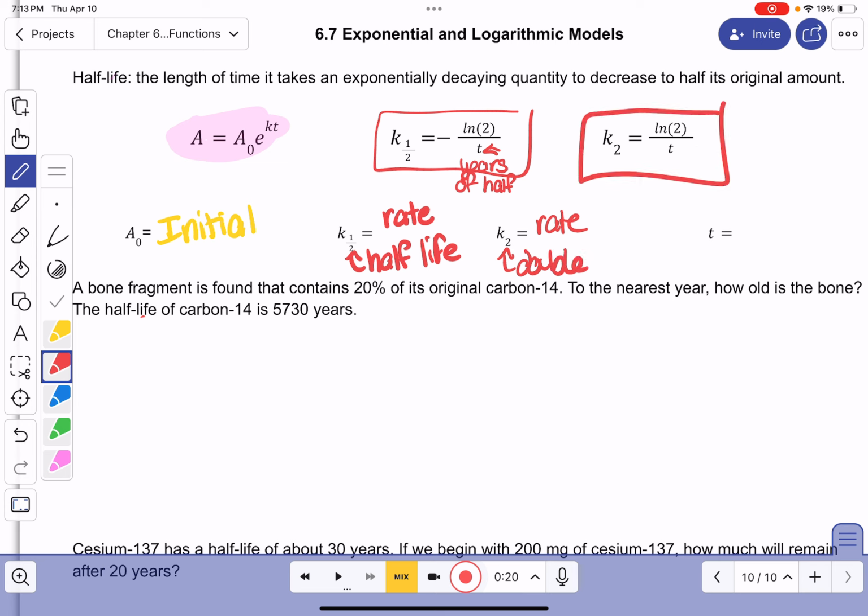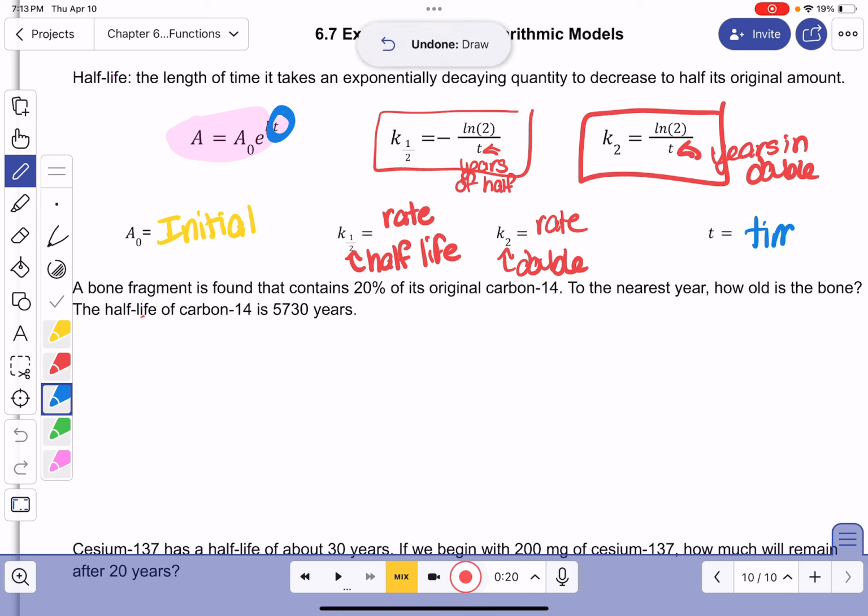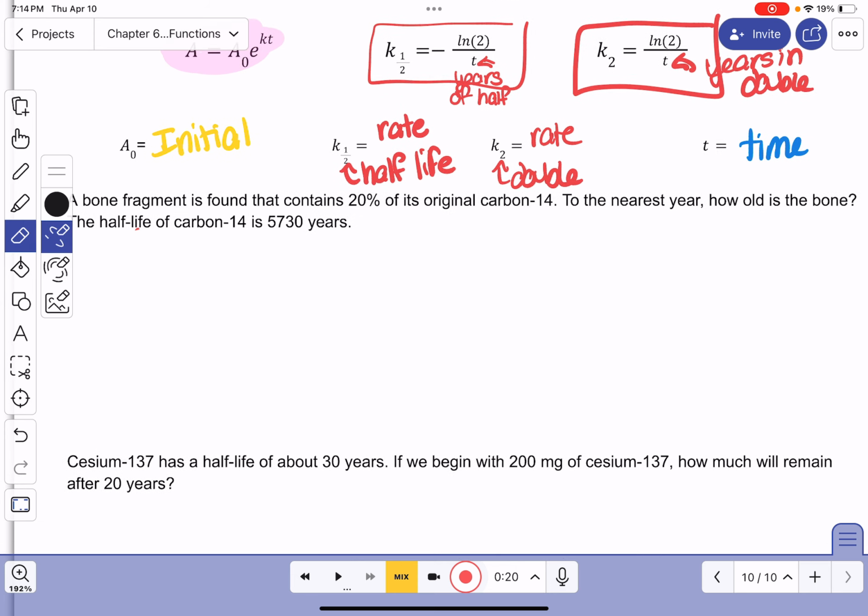And again, this T is the years in the doubling rate. Then in this equation, the T is what we're looking for, the time we're looking for. So I know it can get a little confusing with the two T's, but I'll show you what I mean.